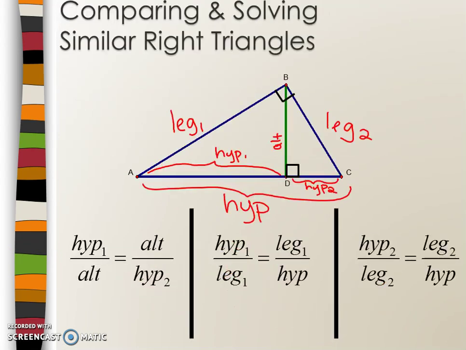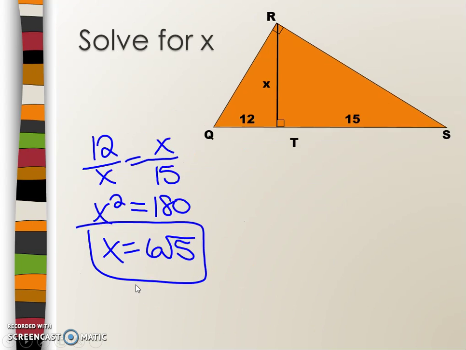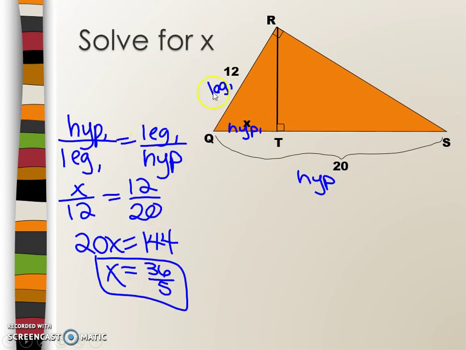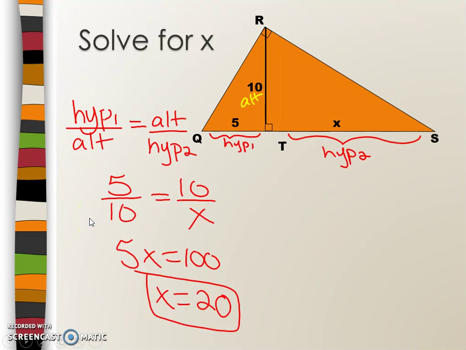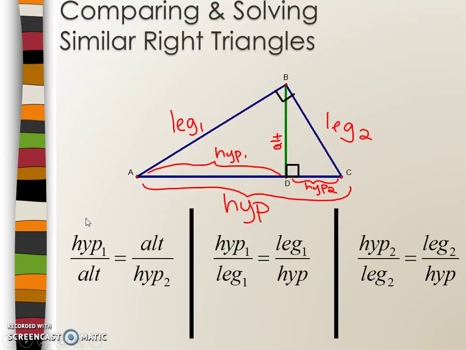They gave you leg 1, hypotenuse 1, and the hypotenuse of the whole triangle. That's this one, the middle ratio.